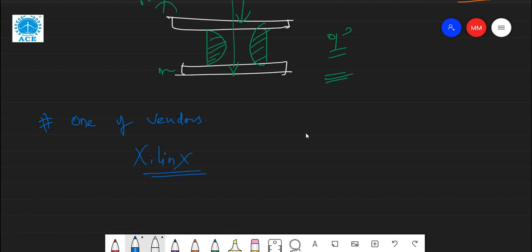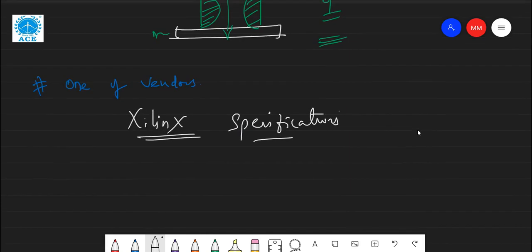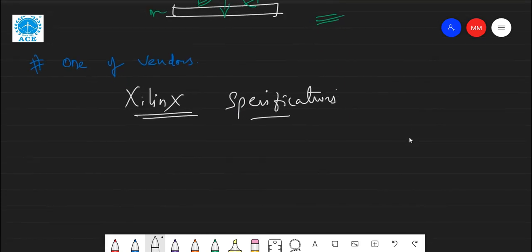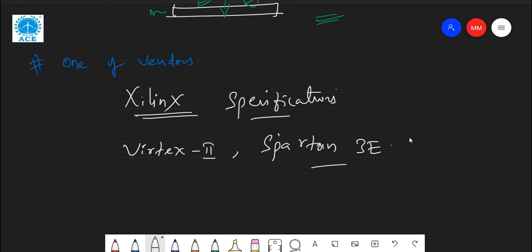We'll see the specifications of Xilinx. In Xilinx we have Virtex, Virtex 2, and Spartan. Spartan we have in the laboratory, Spartan 3.